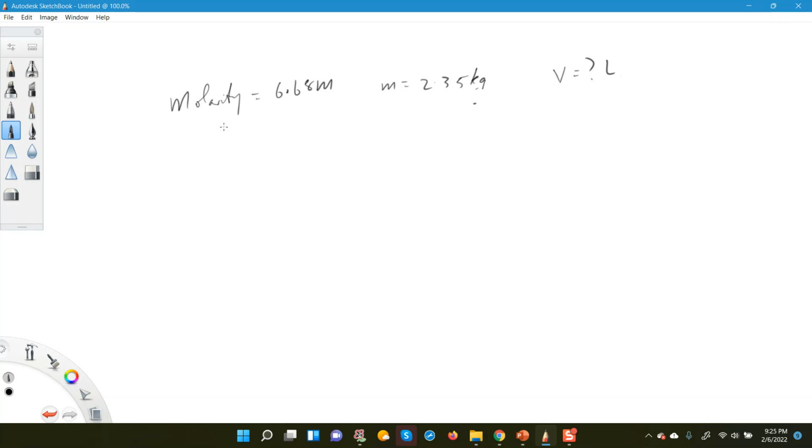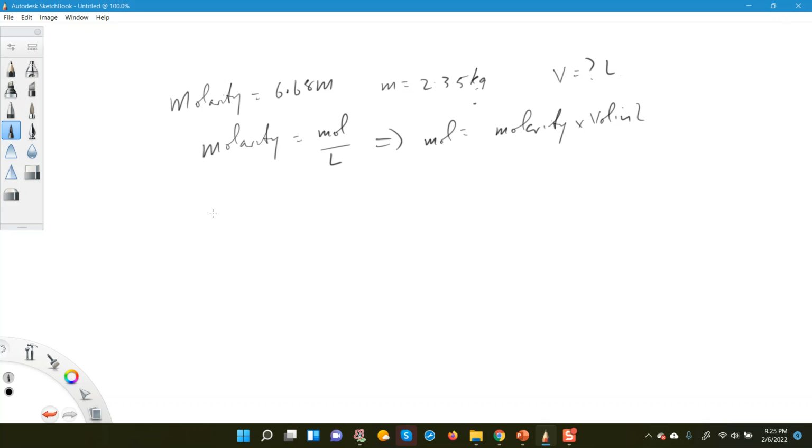So what we need to do first is write down the formula that we were working with all along. We find the moles, which is equal to the molarity times the volume in liters.